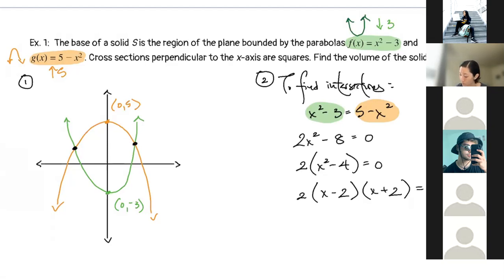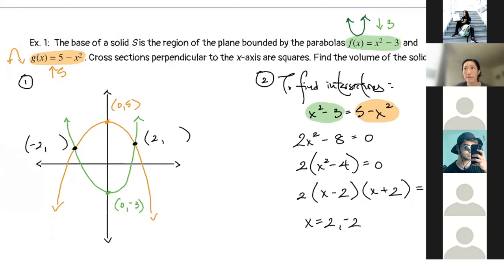That would be a good skill to write down and practice a little bit before Calc 2. But we have this, and we're able to find that our intersection points are x equals 2 and x equals -2. So we know that this point has an x coordinate of 2, and this one has an x coordinate of -2.